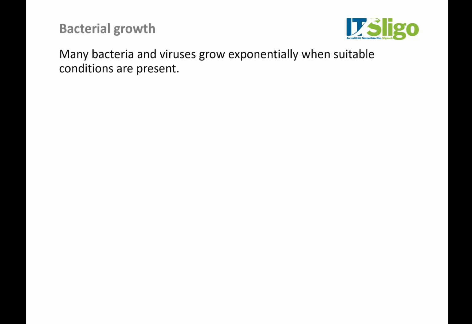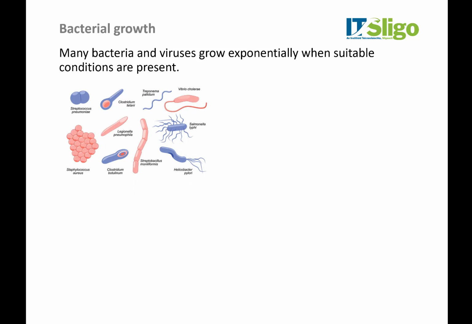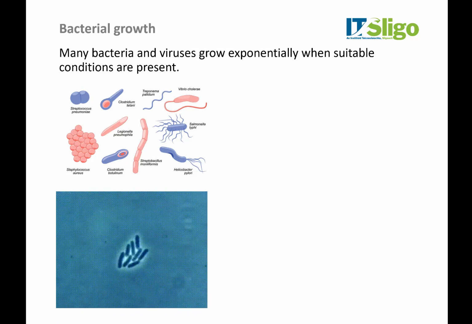Bacterial growth is another example. Bacteria and viruses, they grow exponentially when suitable conditions are present, the right temperature, the right type of food, the right conditions. Again, you guys probably know more about bacteria and viruses than I do. But here we can see some bacteria growing exponentially.